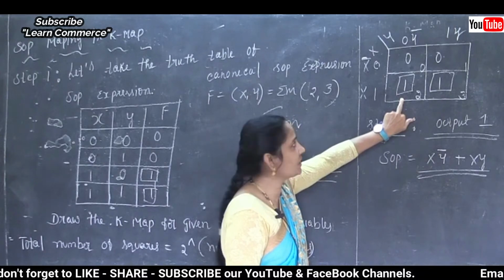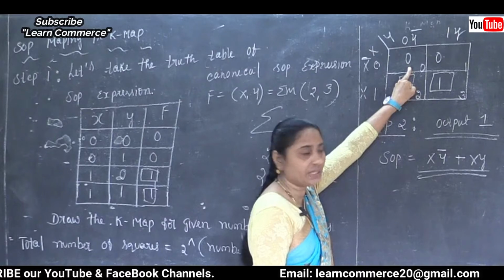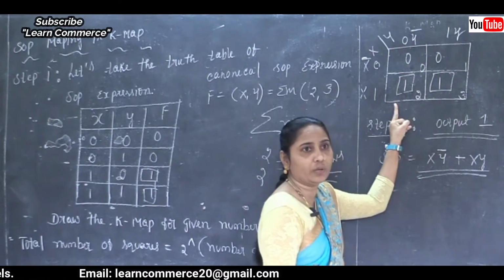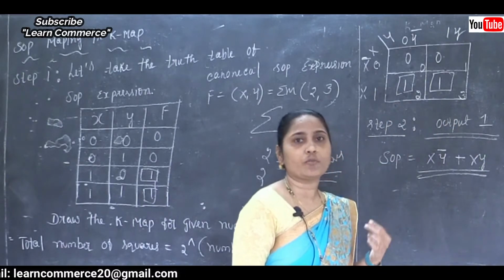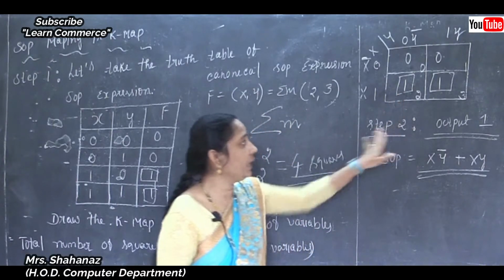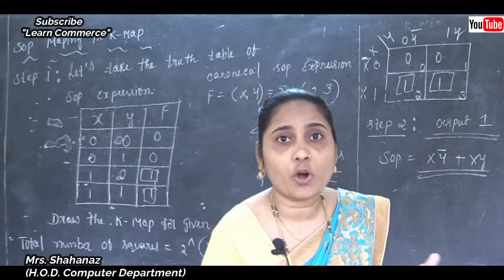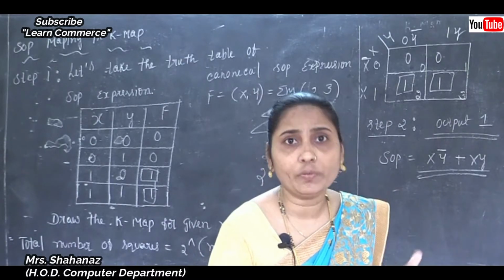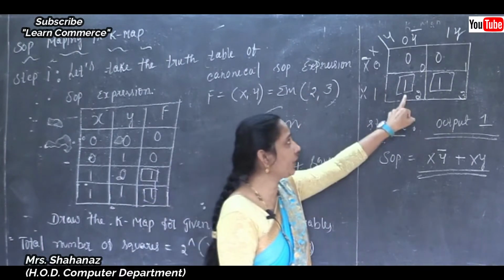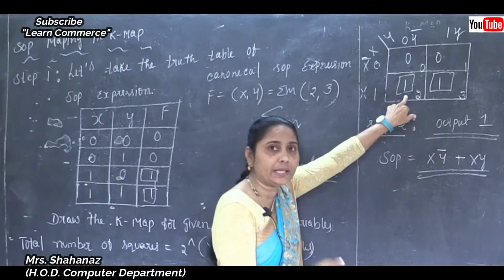So this is about our 2 variable K-map. In place of 0 the value is 0, in place of 1 also the value is 0, in place of 2 the value is 1, and in place of 3 the value is 1 only. Now our next step: in step 2, look for the output 1 in this K-map.